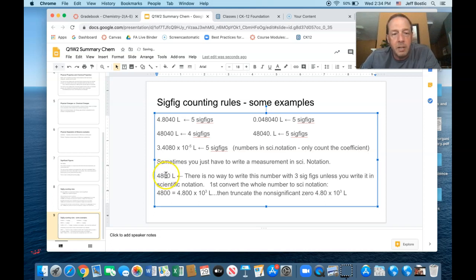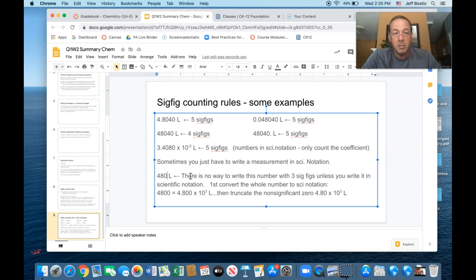So then people will try to do this. They'll put a decimal point here and leave it. Well, the number's not 4,800 anymore, right? It's 480. Or they'll do that. And all of those are not legit ways to express this number with 3 sig figs.